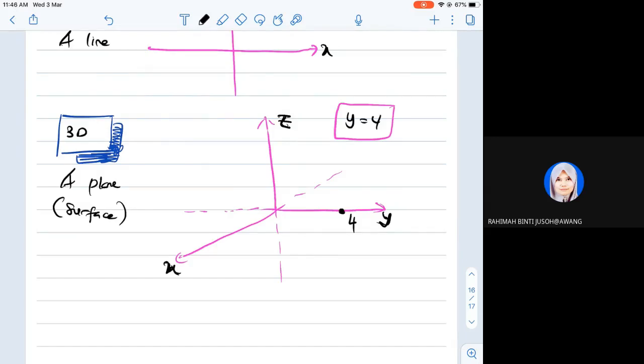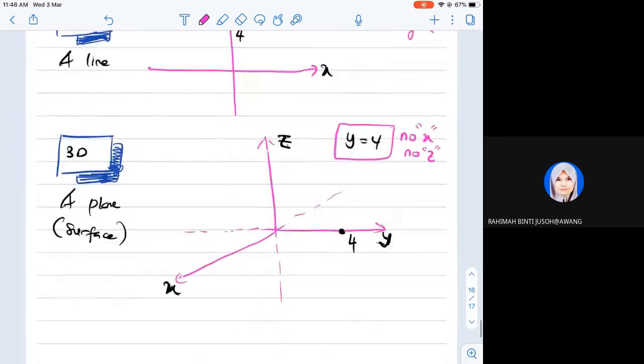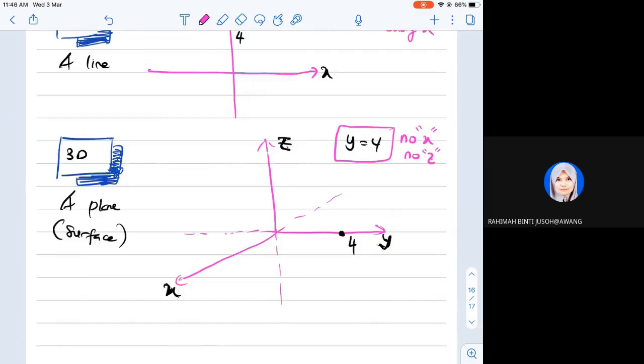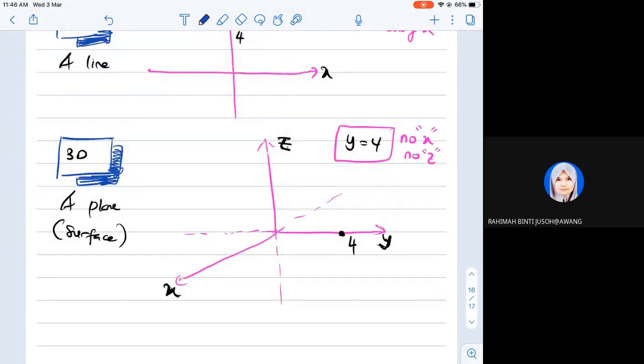Okay. Dalam equation ni, there is no X and then no Z. Okay. Sama konsep macam tadi. Kalau no X bermaksud dia parallel along X. So what you should do is, saya pakai marker pen biru, dia parallel sepanjang paksi X. So parallel, kita buat trace dia dulu. We make the trace first.